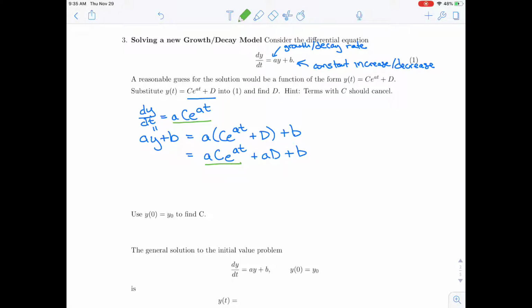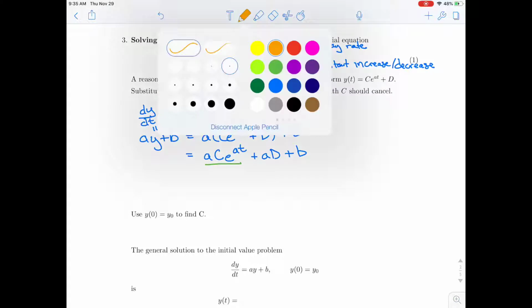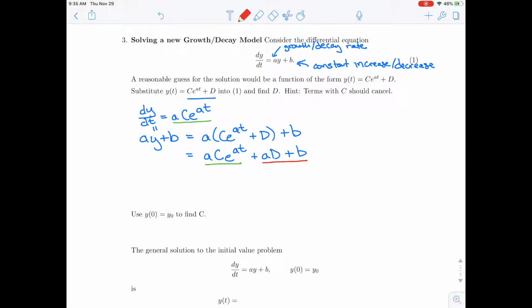And so that leaves me with the fact that ad plus b must equal 0 in order for the left and right hand sides of the differential equation to match. So that tells me that ad plus b is 0, and that says that the constant d must be minus b over a.